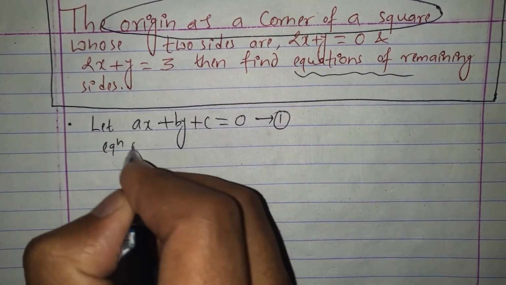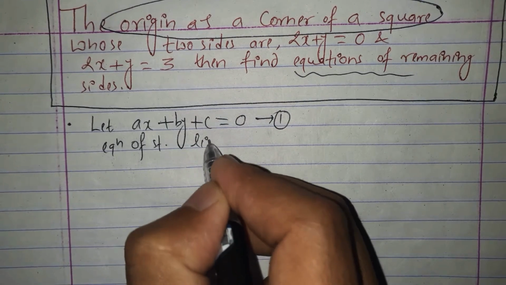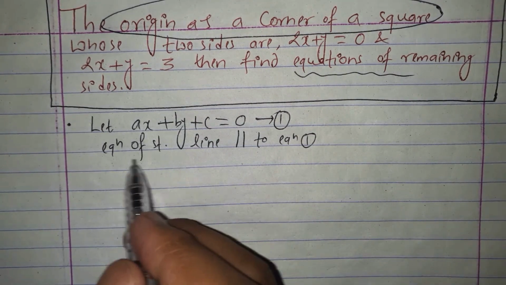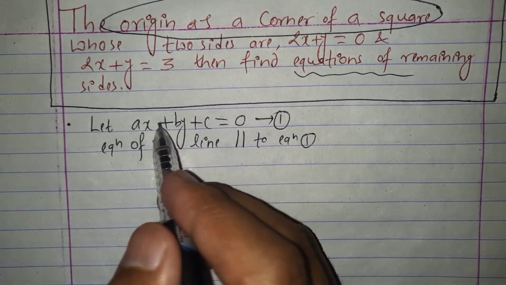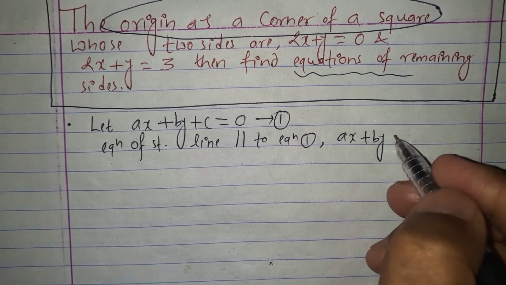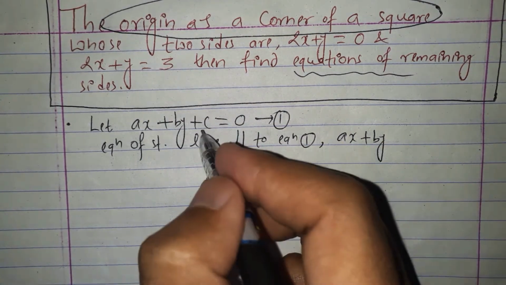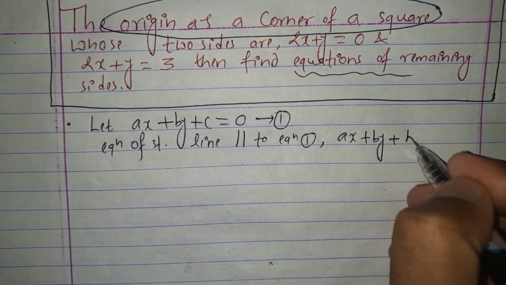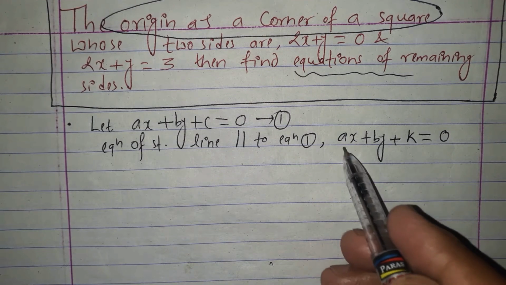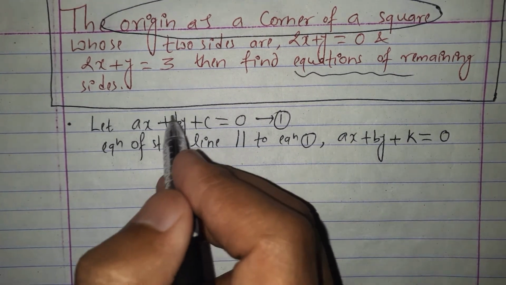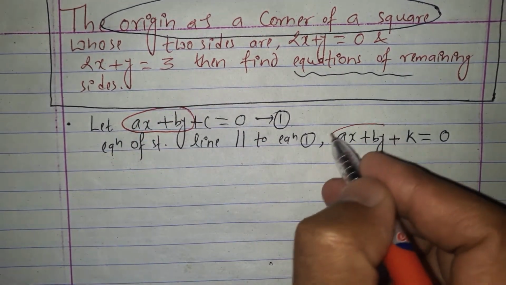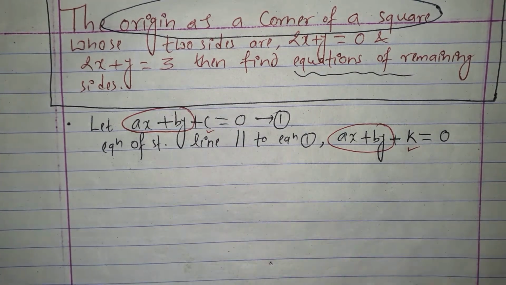The equation of the straight line parallel to equation 1 is written as ax + by + k = 0, the same ax + by as it is, only changing the constant term. Here the constant term is c, and here we take another constant k.